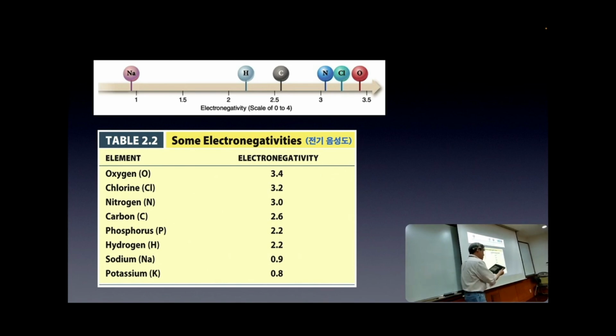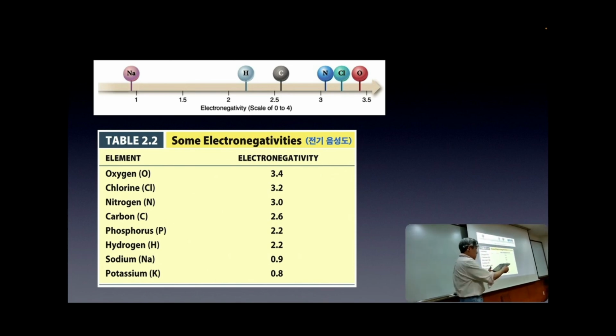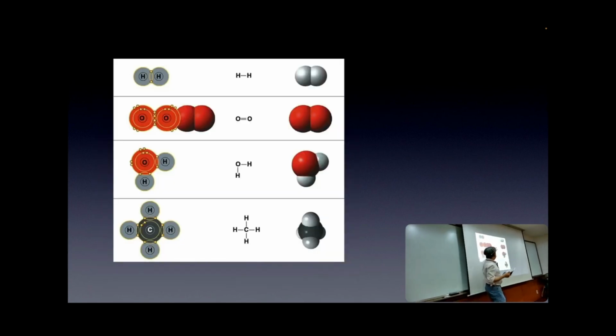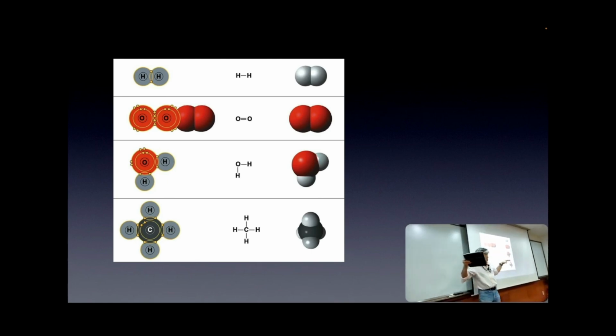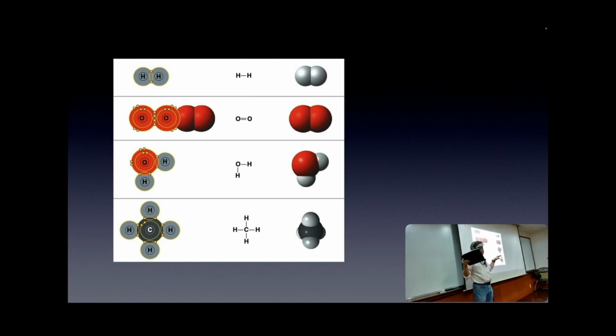This inequality creates a problem, but for example, between these 2 oxygens, you can still maintain the balance because both parties are equally strong in their electronegativity.